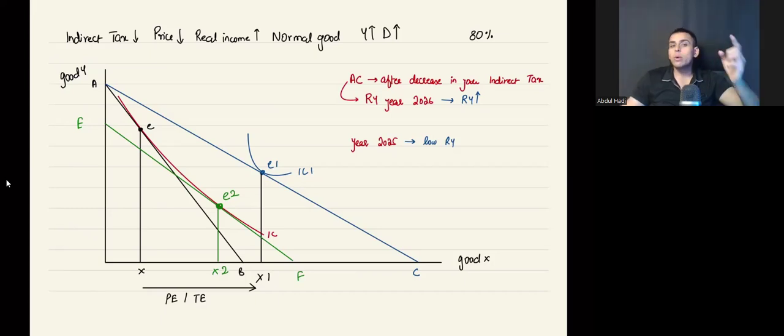Traveling across one indifference curve gives me the substitution effect, and the remaining portion I am left with will be my income effect. All right, everything clear?